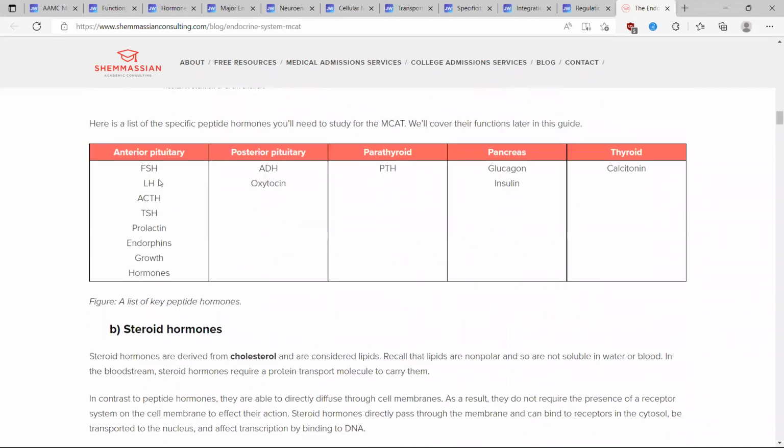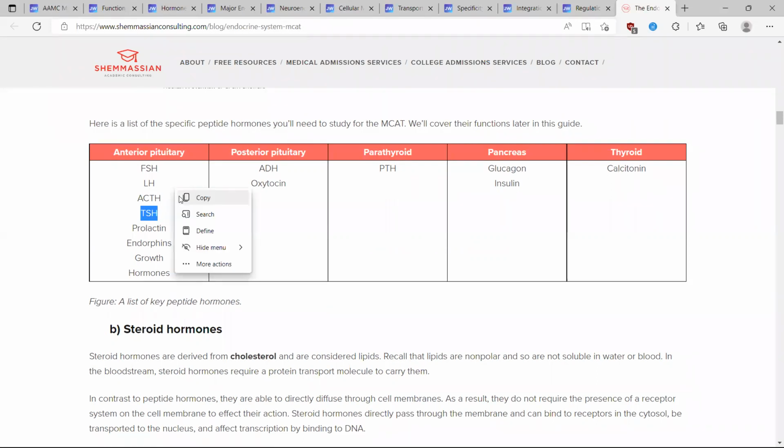You need to know all of these hormones. You need to know where they're coming from, right? That's especially important, and where and what they're affecting. So for example, if I ask you, what is TSH?